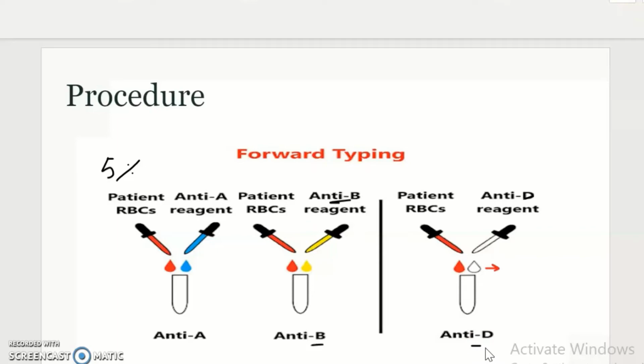Then gently mix and centrifuge for 15 seconds at 1500 RPM. Then examine for agglutination and record the results.